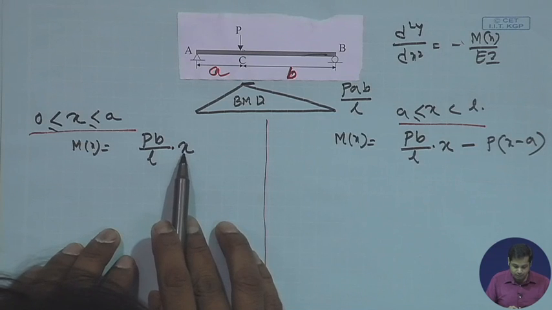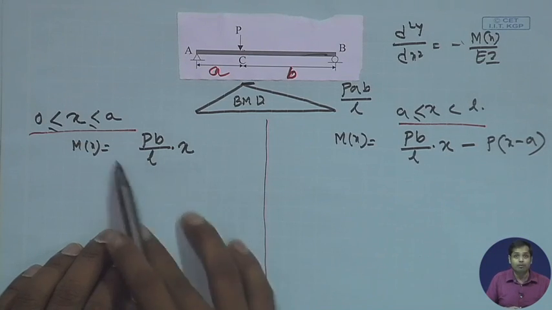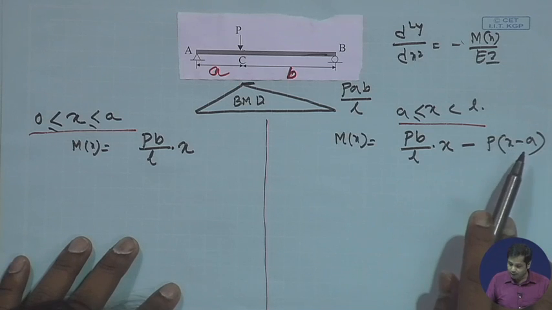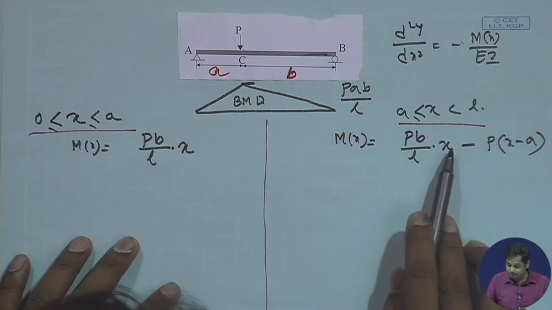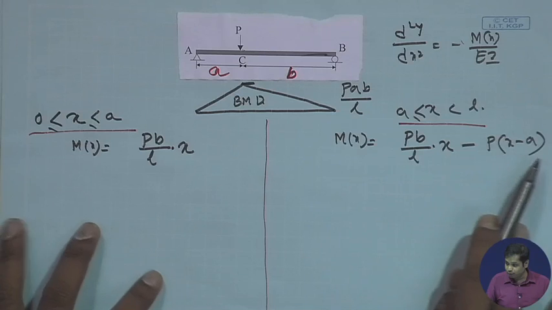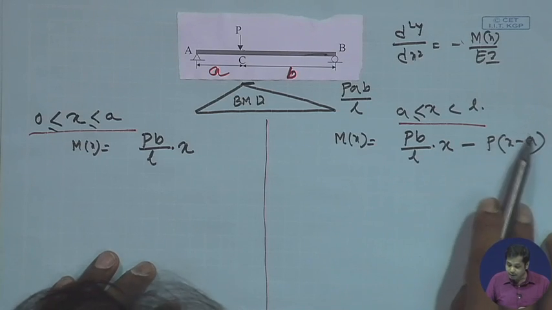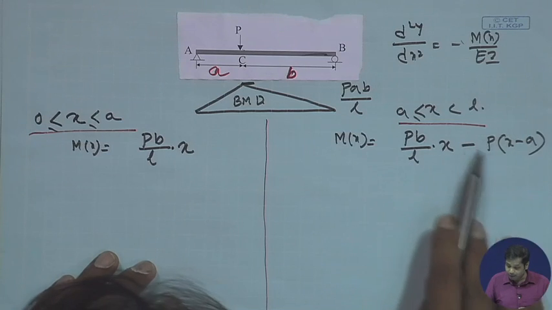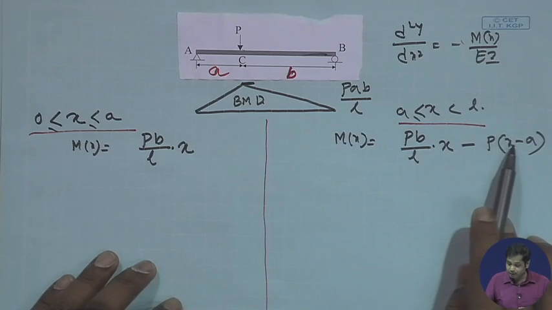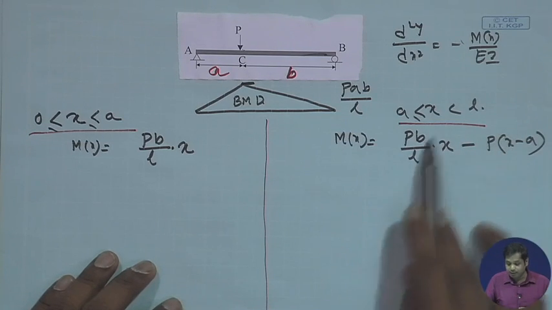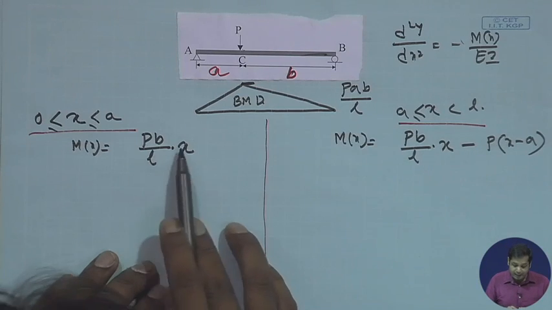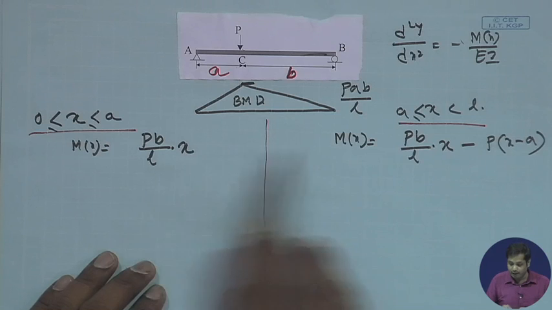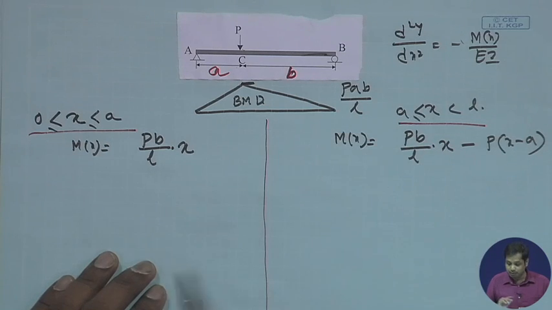At x is equal to 0, bending moment will be 0 here, this is consistent. At x is equal to L, bending moment should be 0 here. If you substitute, then you get this value is also 0. At x is equal to a, they should have the same value. At x is equal to a, it is P A B by L, and this is also P A B by L.